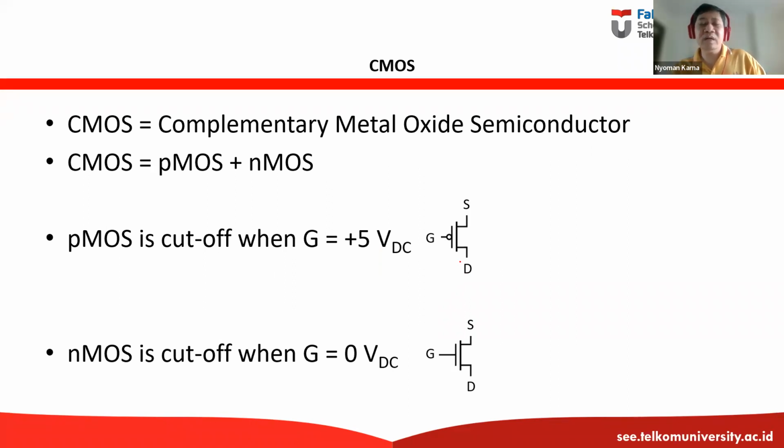Okay. Now, let's talk about the CMOS. It's actually a MOSFET, but in a combination where it can work in complement. That's why it's called complementary metal oxide semiconductor, CMOS. CMOS comprises two transistors. The first one is the PMOS, the second one is the NMOS.